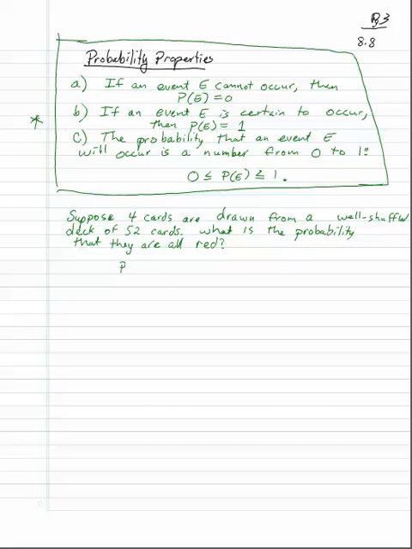Remember, the probability that they're all red is equal to the number of ways to draw 4 red over the total number of ways to draw 4 cards.